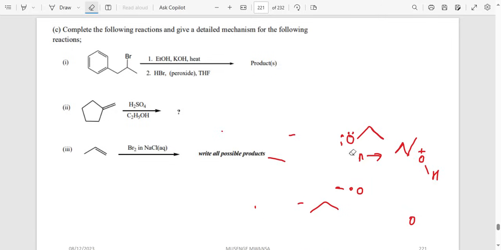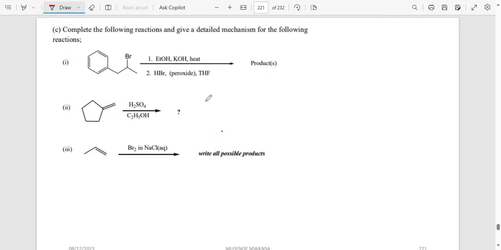So the next reaction. We had talked about this reaction before. The only difference is that we had used Br2 with water, but here we are using it with sodium chloride. So first things first, for this mechanism, every time you see Br2, don't forget what we are doing.